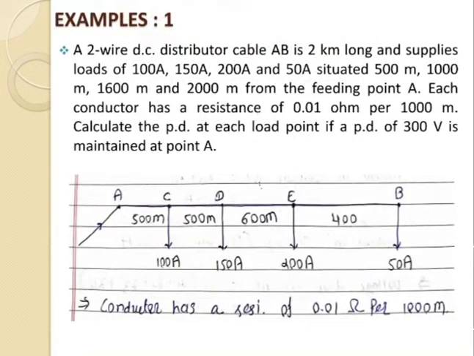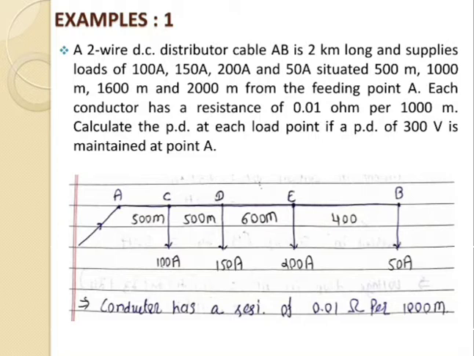Now we are going for one example based on the DC distributor fed at one end, and this is a very important example which is always asked in the GTU exam. The first one is a 2-wire DC distributor cable AB, 2 km long, which supplies loads of 100 ampere, 150 ampere, 200 ampere and 50 ampere, situated 500 meter, 1000 meter, 1600 meter and 2000 meter from the feeding point A. Each conductor has a resistance of 0.01 ohm per 1000 meter.